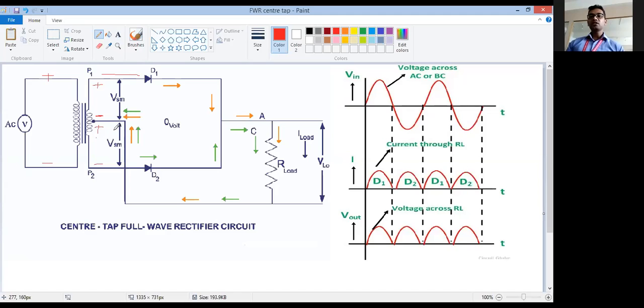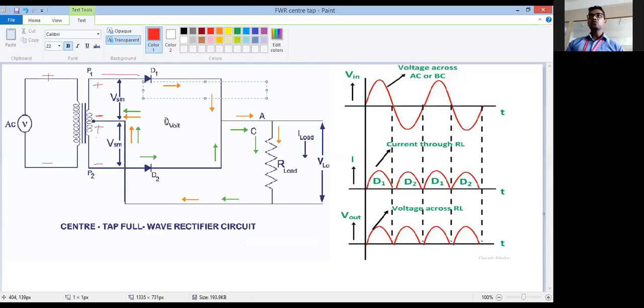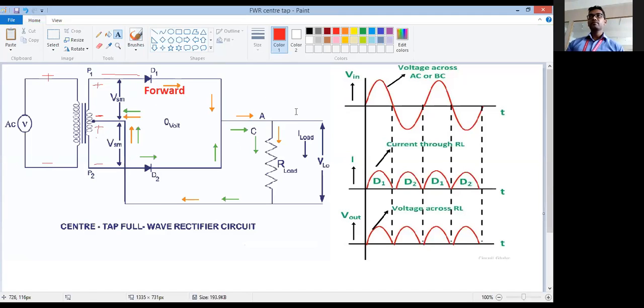Don't consider the lower side. You have to consider this upper side negative terminal. So in this case your diode D1 is forward bias. Correct? Because positive terminal of battery connected to P-type material, negative terminal of battery connected to N-type material. So your diode is forward bias.